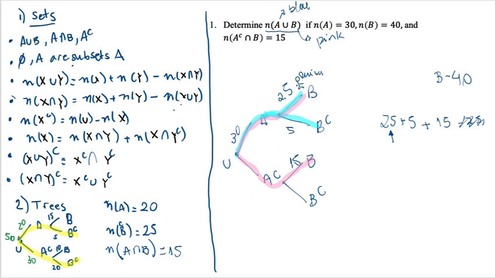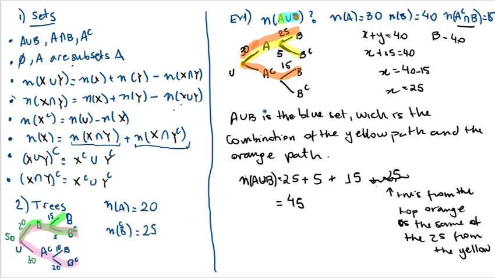So this is one way of solving the question. And actually, we didn't solve the sum here. This is 45, right? So n of A union B would be 45. So this was how I solved it in class. It's the same way that I solved it, so that you can keep both slides, okay?